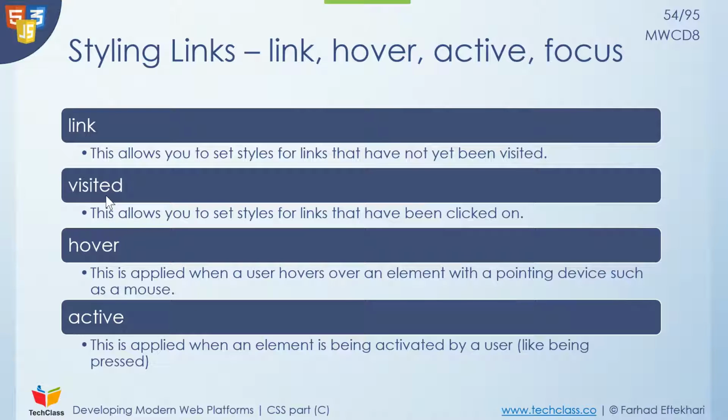This is the visited color that you can assign. Hover is the one where you move the mouse over, and the color of this link or visited link changes to this hover color. And also we have active, which is if someone right clicks on your link, then they see this active color.